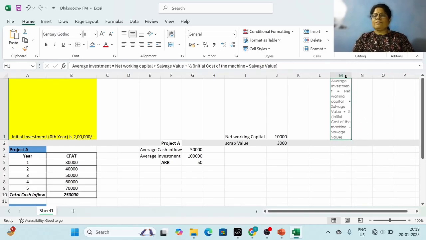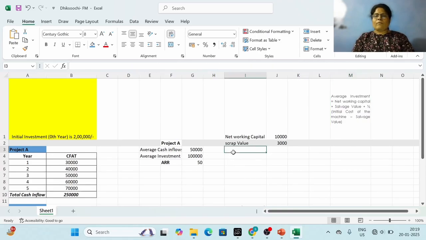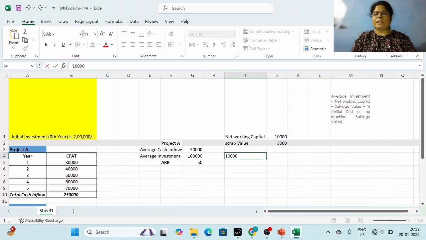First, average investment is equal to net working capital, right? Here average cash inflow is 5,000 as usual, but here the net working capital is 10,000. I'm writing 10,000, plus salvage value.